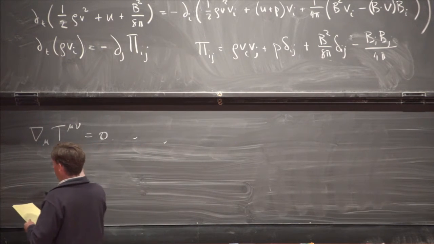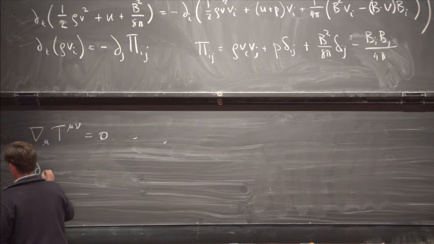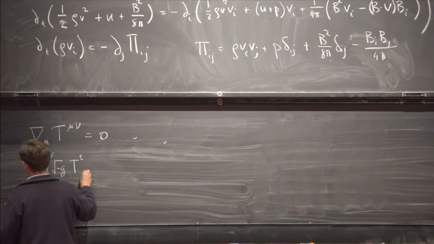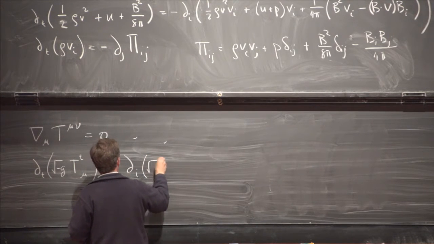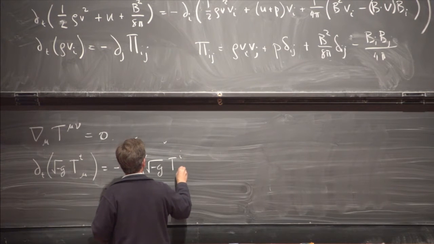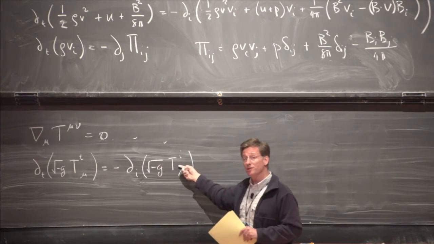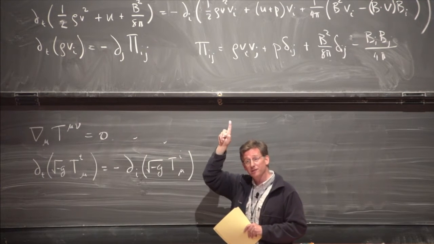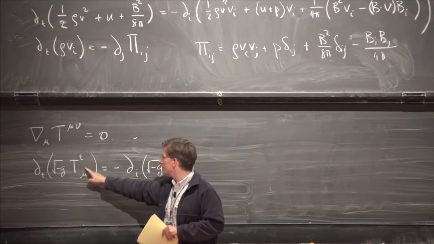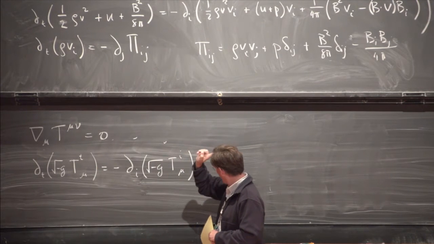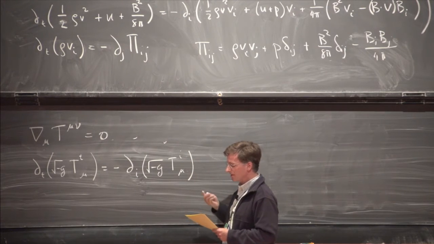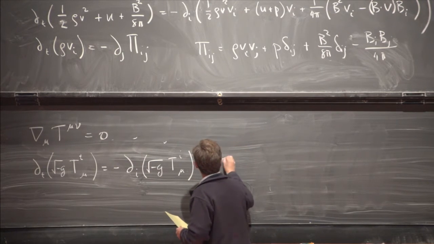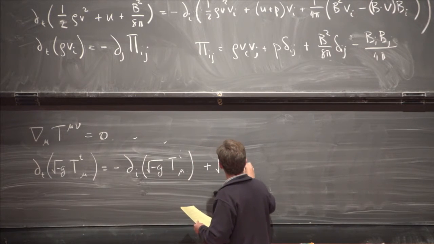And this equation can be expanded, or the covariant derivative can be expanded in a coordinate basis in this form. So the components of the stress energy tensor, the time components, give the conserved quantities, and then the space-time and space-space components give the fluxes. And then there's an additional term here that arises from the covariant derivative.